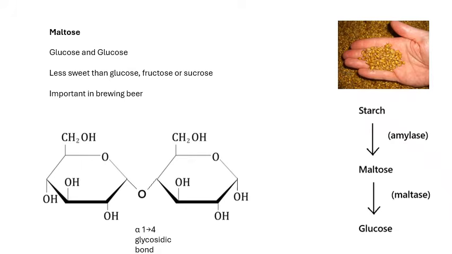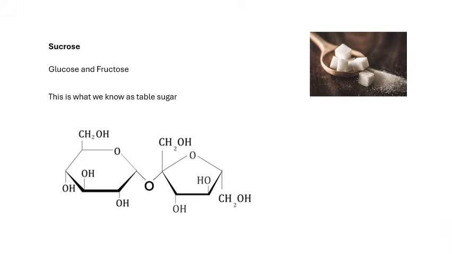Okay, so this is glucose and glucose, and you should be able to figure out why it's called an alpha 1 to 4 glycosidic bond. But again, whether you need to know that or not, I'm not sure. But there it is, alpha 1 to 4 glycosidic bond. Sucrose, now that's just sugar.